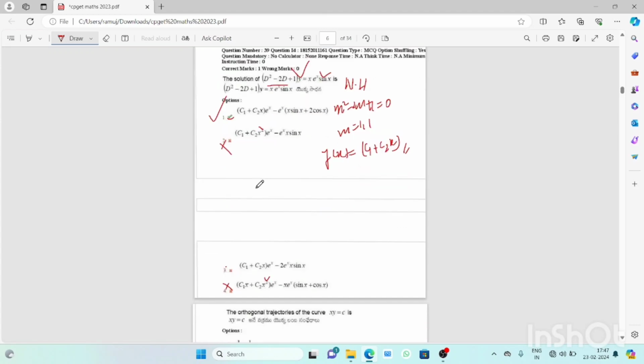So if you take d square minus 2d plus 1, I am going to give you an idea of how to find the particular integral of the given differential equation. That is, e power x into x sin x is there.